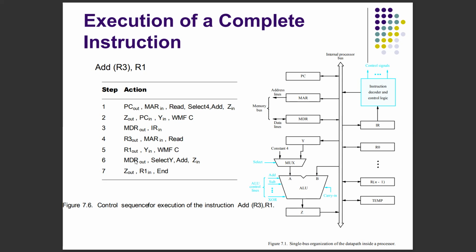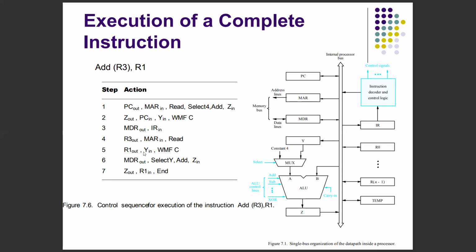After getting the data into the MDR from the memory, we select the Y. That data is forwarded via the common bus. Already we have the data of R1 in the ALU via the common bus.